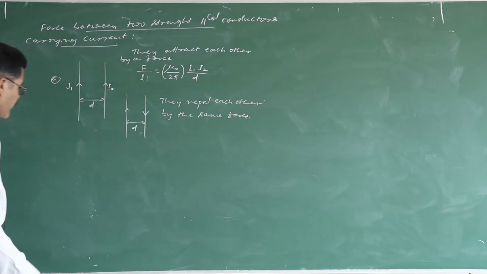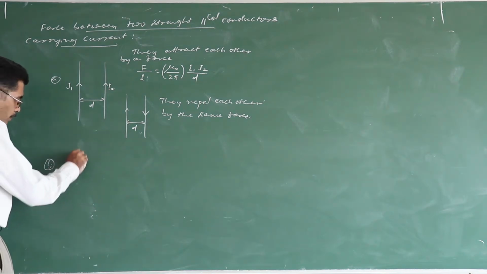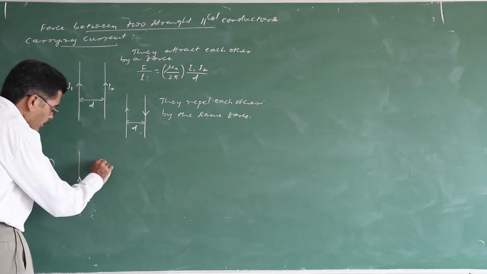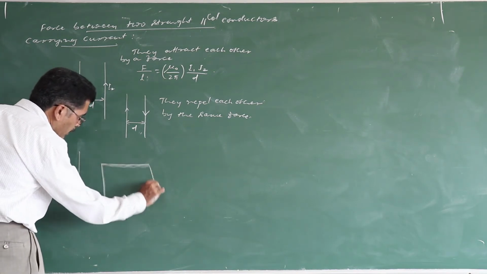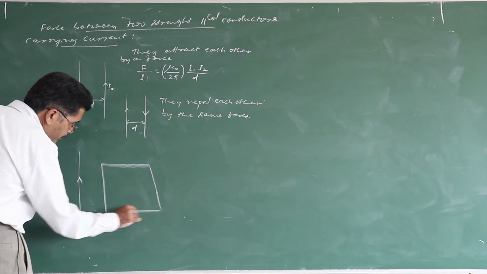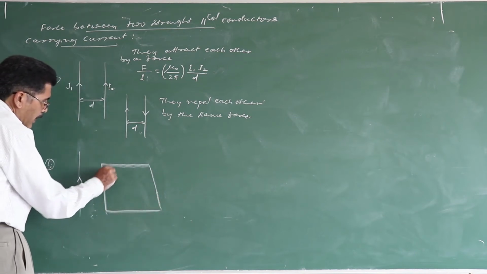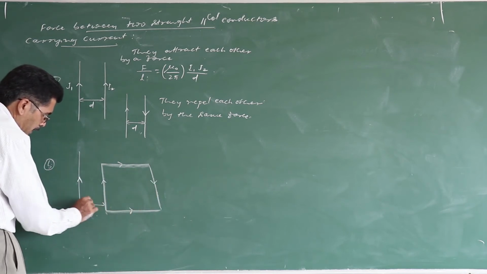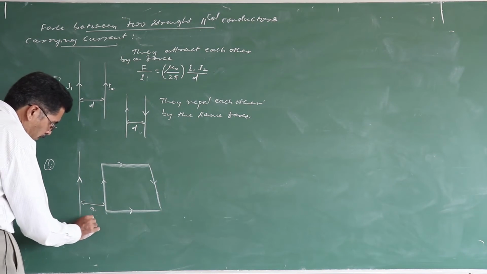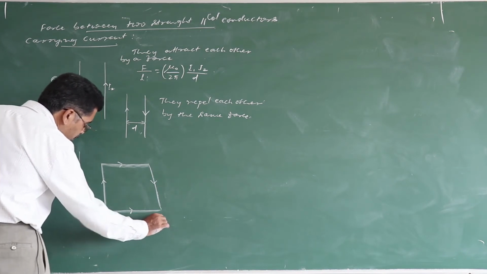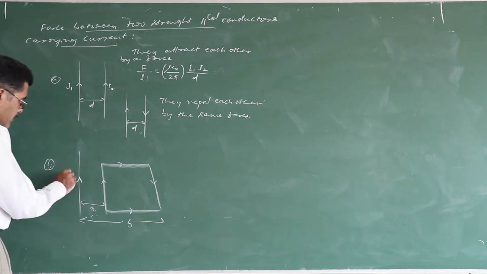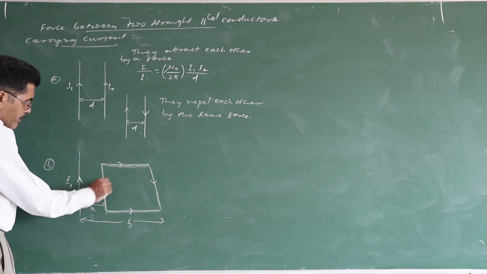Now let me take up another situation wherein we have a wire carrying current and there is a rectangular loop. This is carrying current like this. This distance I take as A and this distance as B. I take this as I1, this is I2.